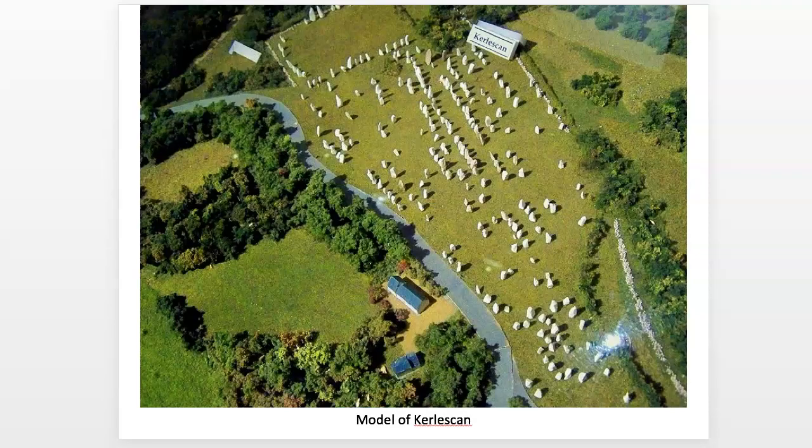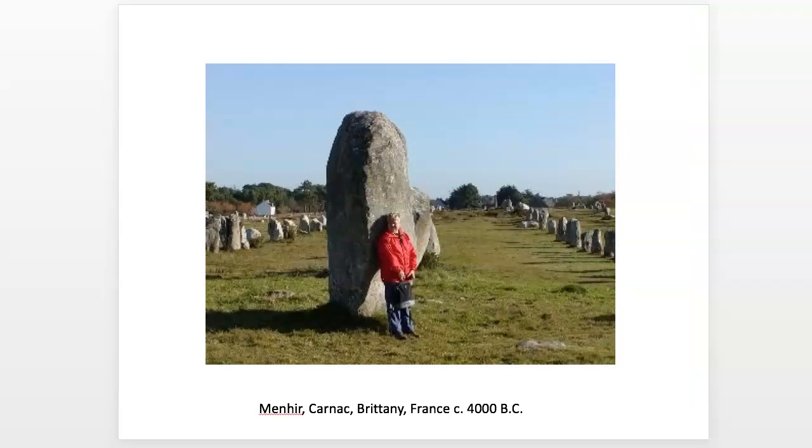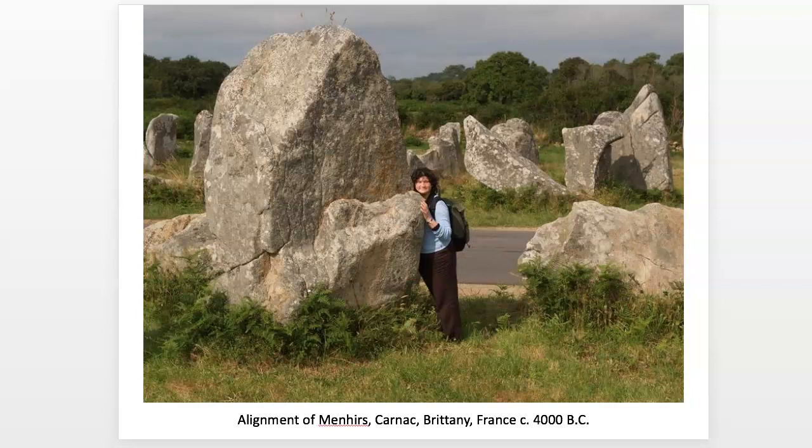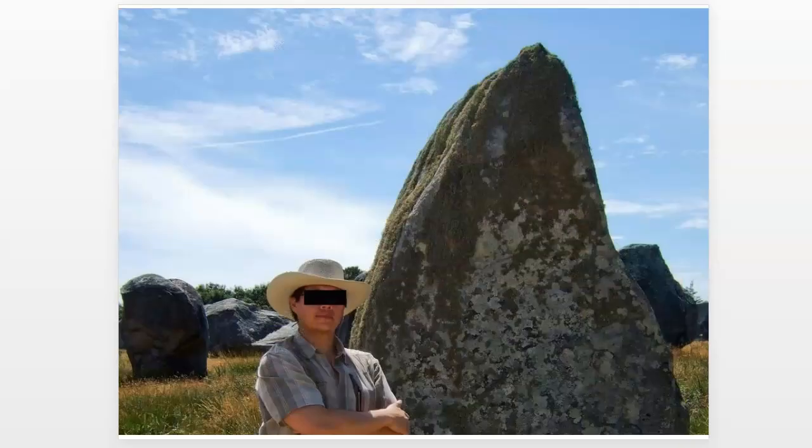And then there's the Kerlescan as well, which is a smaller group of 555 stones. There are some really tall ones at the very far end as well. And that's pretty amazing. And over in the extreme west, there's also a circle with 39 stones.